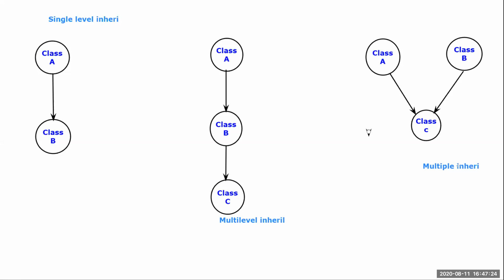Now you get what is multiple inheritance, multi-level, and single level. It has multiple parents and a single child. Class A and class B are superclasses for C. And in multi-level, B is a superclass for C, and A is a superclass for B. Here A and B both are superclasses for C, right?